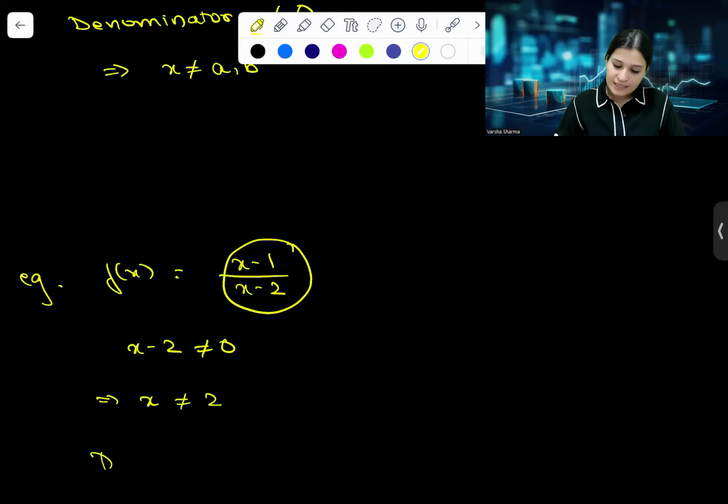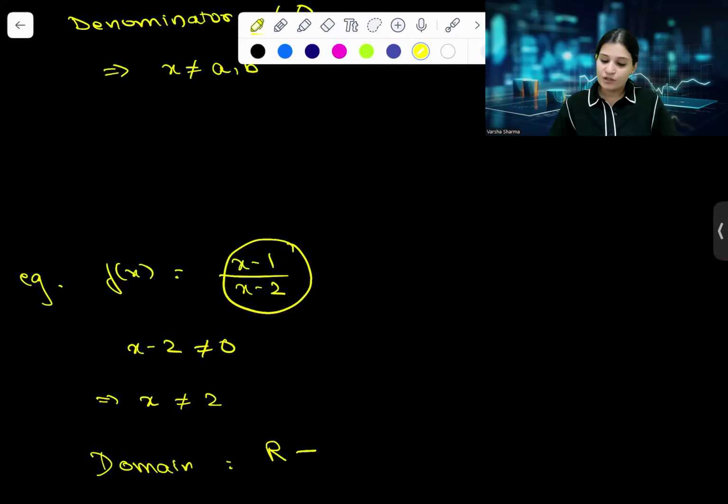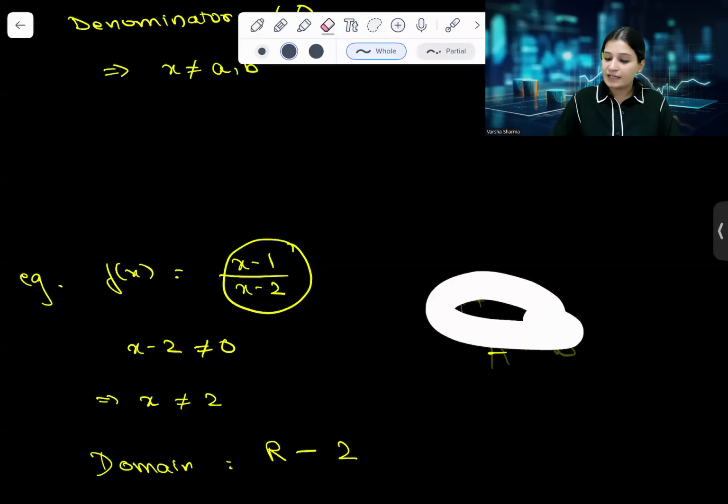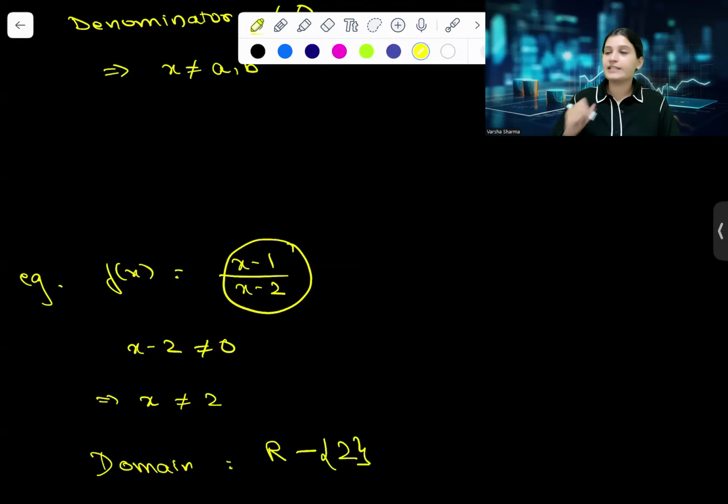So here my domain will be all real numbers. I can take everyone except which one? 2. R is the set of real numbers, so 2 cannot be subtracted like a number. I can't subtract a number from a set. Did we ever study A minus 2? No. We studied A minus B, the difference of two sets. So 2 also has to be written in set format.